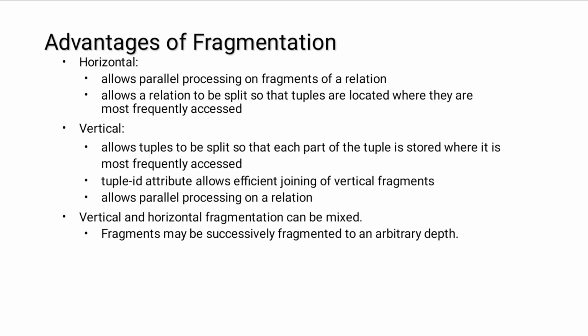Okay, what are the advantages of fragmentation? Horizontal allows parallel processing, and the relation can be split up so that the tuples are located where they are most frequently accessed. In vertical, the tuple id attribute along with a candidate key is one unique approach. For unique identification, we will use the tuple id, which allows efficient joining of vertical fragments. It also allows parallel processing.